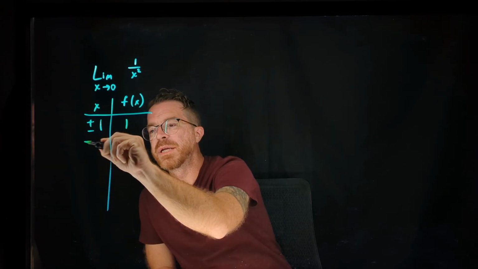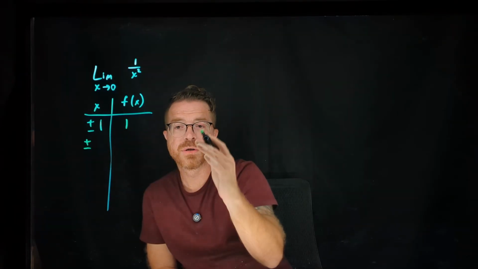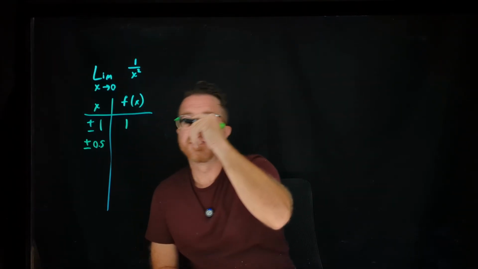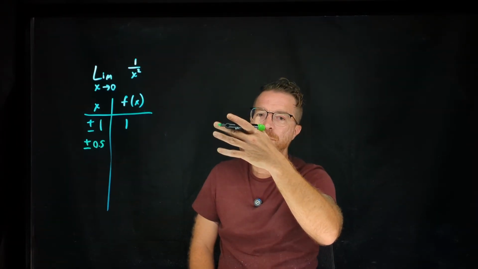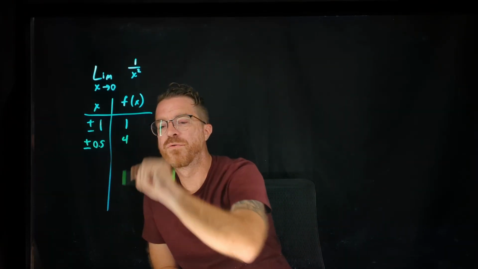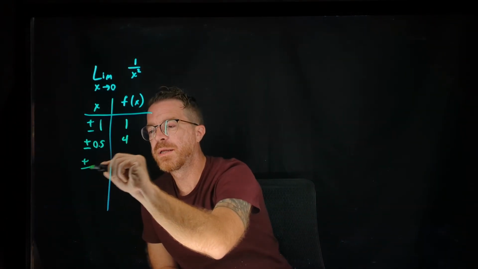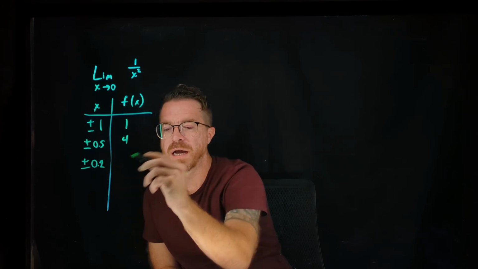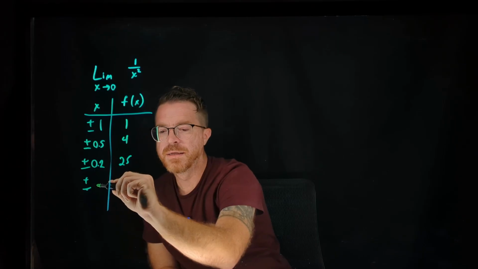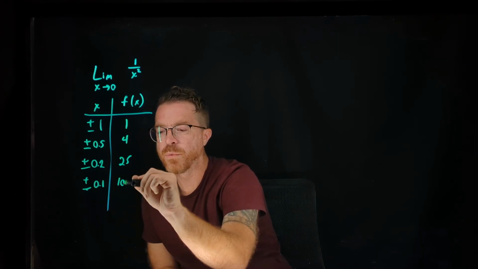Because we want to get closer to 0, if I plug in 0.5, then this would be 0.5 squared, which is 0.25. 1 divided by 0.25 is going to give me 4. If I plug in 0.2, I would get 25. If I plug in 0.1, I would get 100.